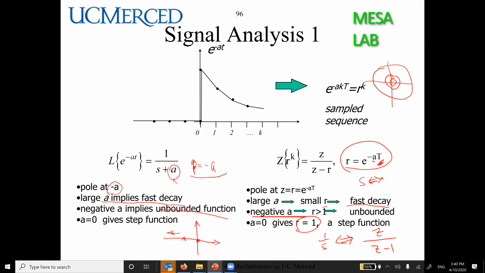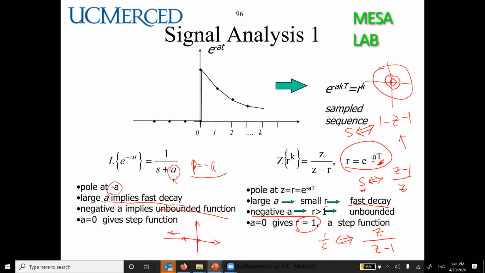This is the inversion of 1 over s. But then this is z minus 1 divided by z, right? No, I need to invert this one. So it's z minus 1 divided by z. In other words, it is 1 minus z to the minus 1, which is my s.